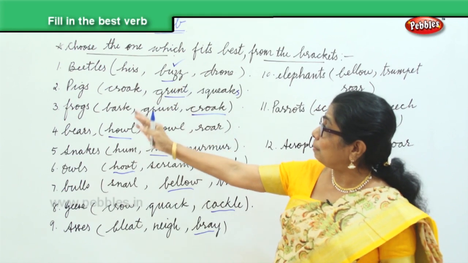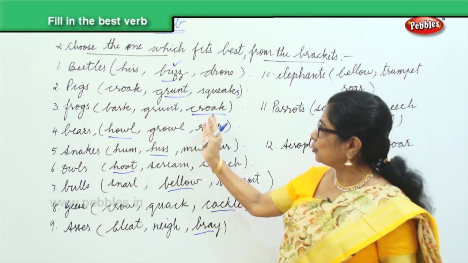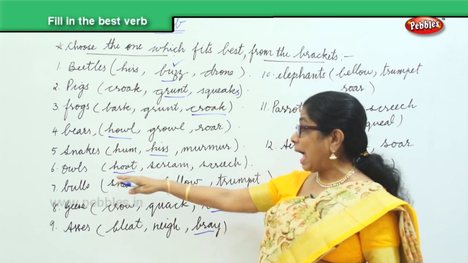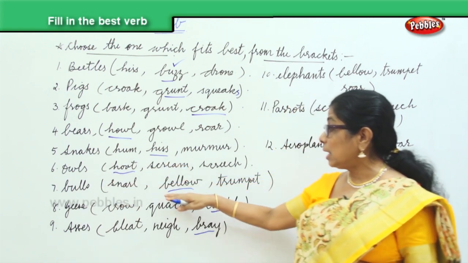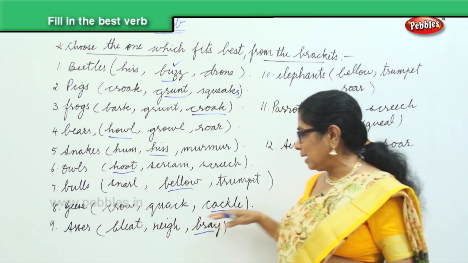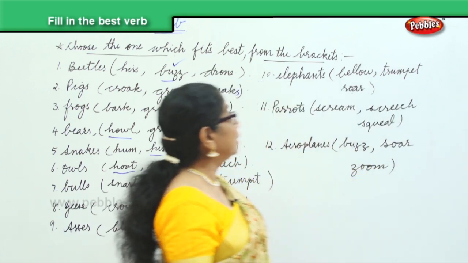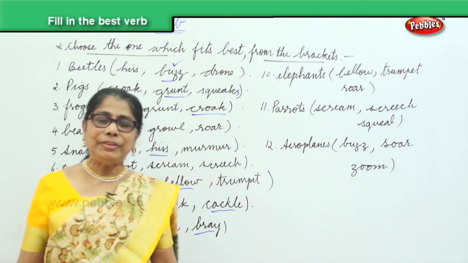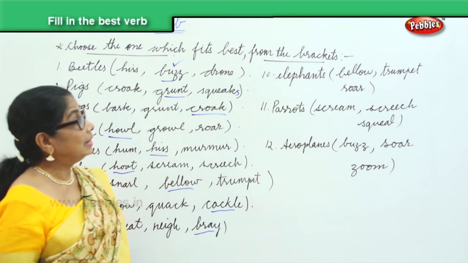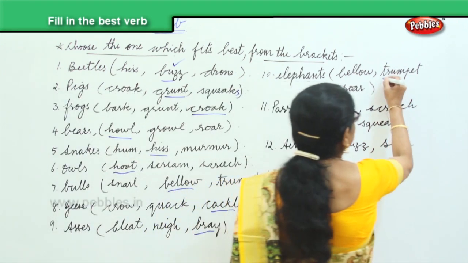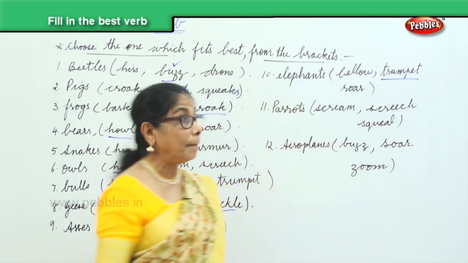Now look at that. Beetles buzz, pigs grunt, frogs croak, bears howl, snakes hiss, owls hoot, bulls bellow, geese cackle, asses bray. And we have some more here. Elephant, what do the elephants do normally? Elephant bellow, elephant roar, no. Elephant trumpet.